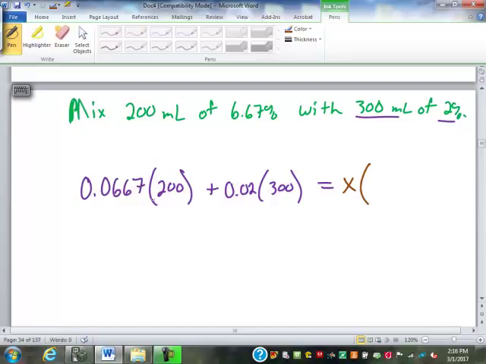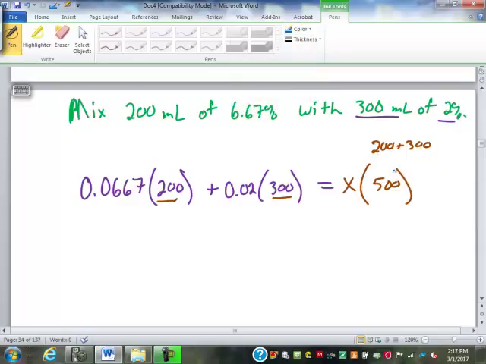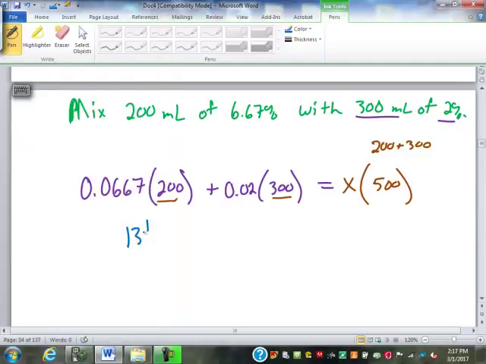The total volume is going to be 200 plus 300, or 500 milliliters. So now we've got 0.0667 times 200, which should give us 13 1/3, plus 0.02 times 300, which is 6. x times 500 is going to be 500x.